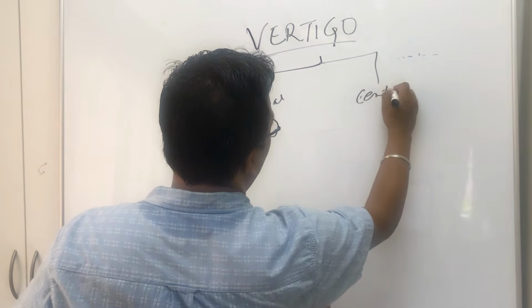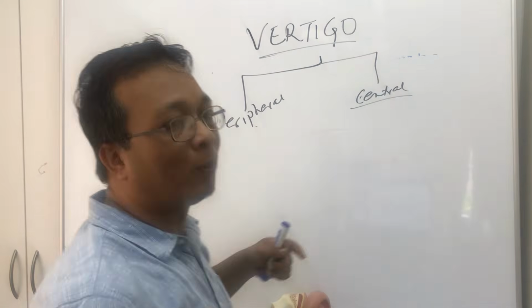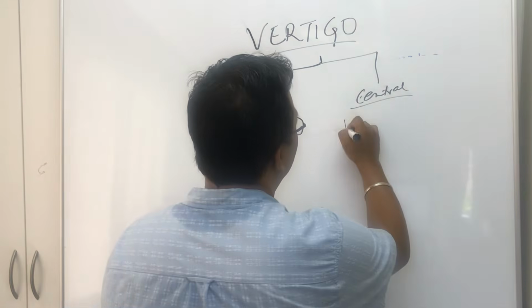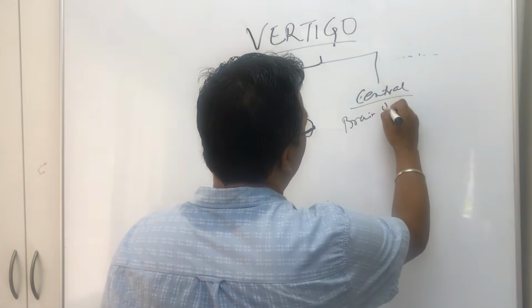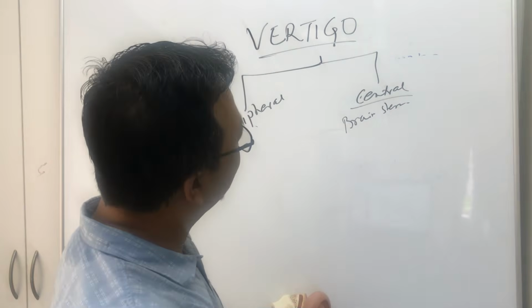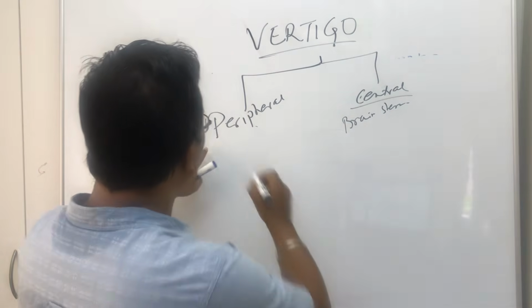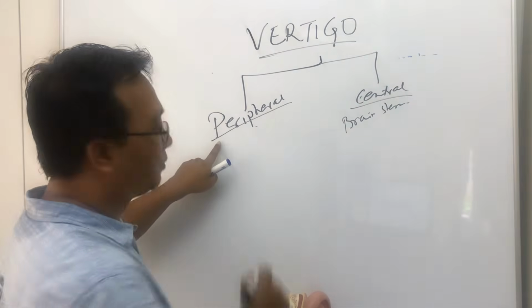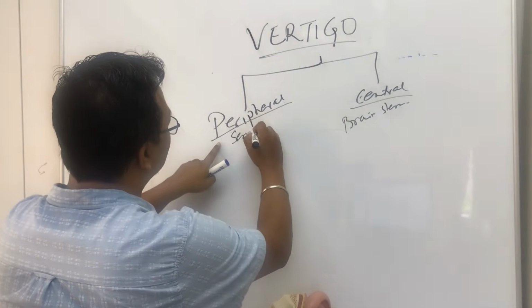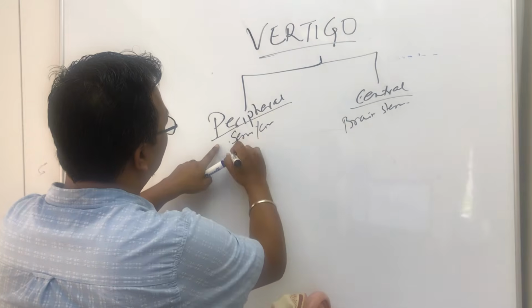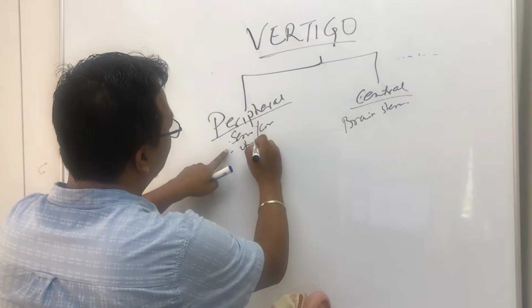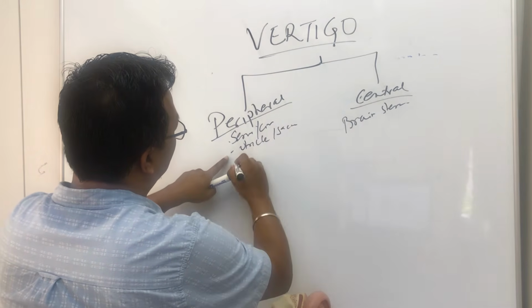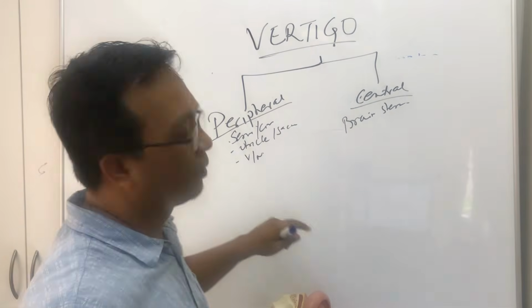Central vertigo is when the problem is in the brain stem. Peripheral is when the problem is in the semicircular canals, the utricle, saccule, or the vestibular nerve.